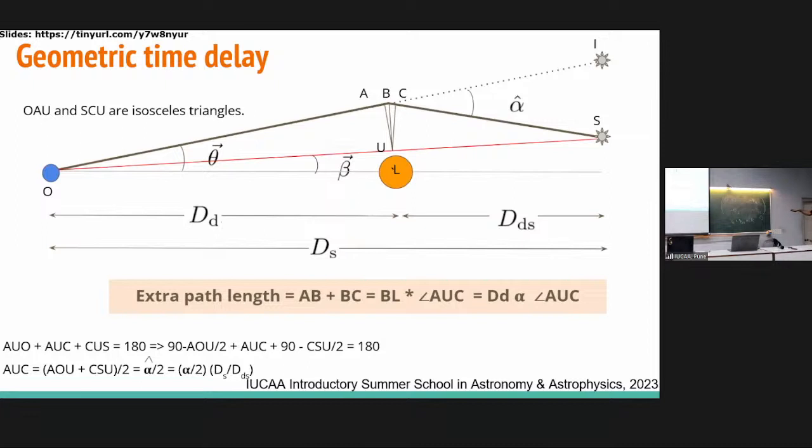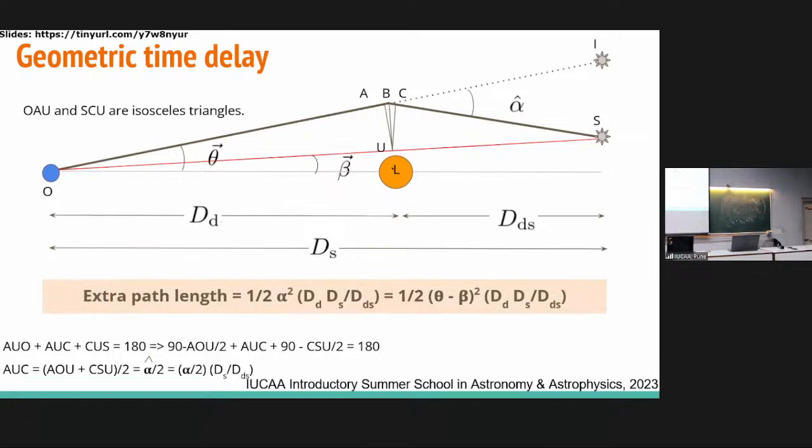So now you can write down what the extra path length looks like. So it is half times alpha square times these distance factors. So again, all simple geometry, but you just have to go through one by one. And all these steps are written in the slides, so you can take a look again, if some of this seems confusing and I'm going too fast.